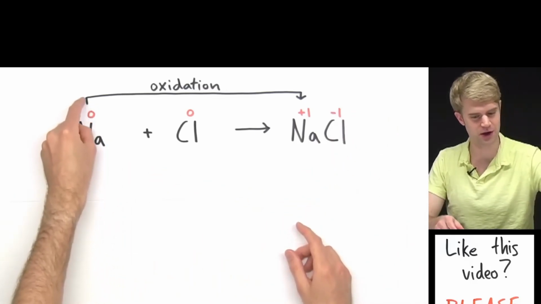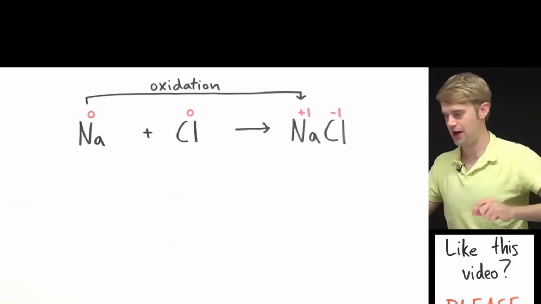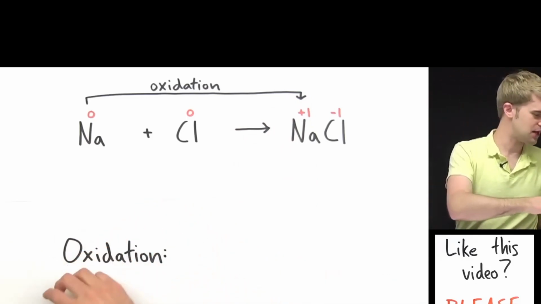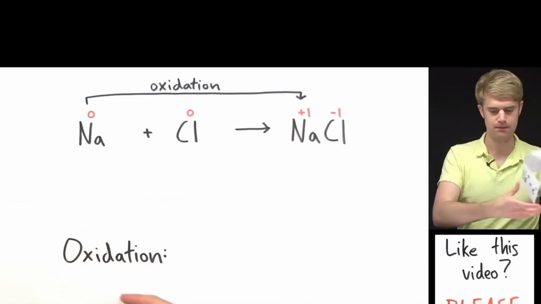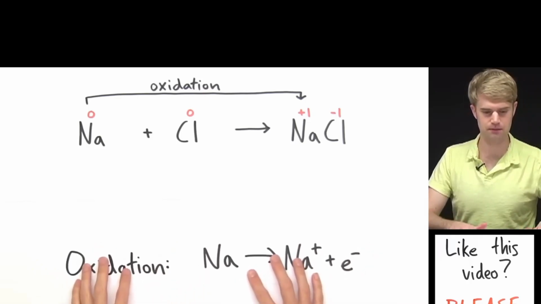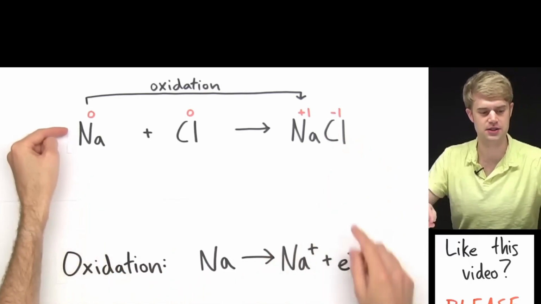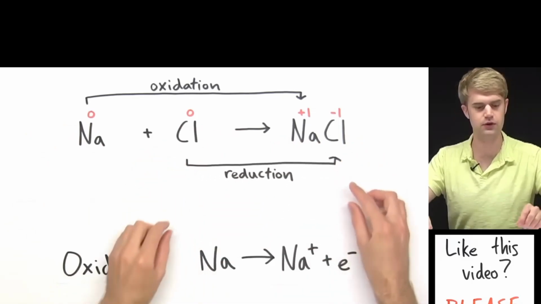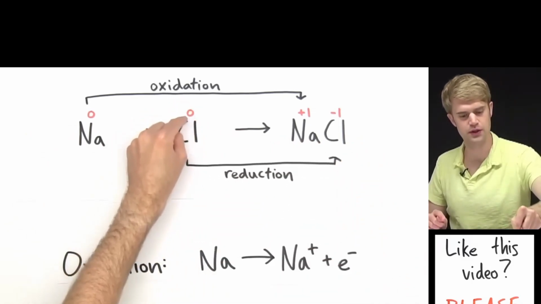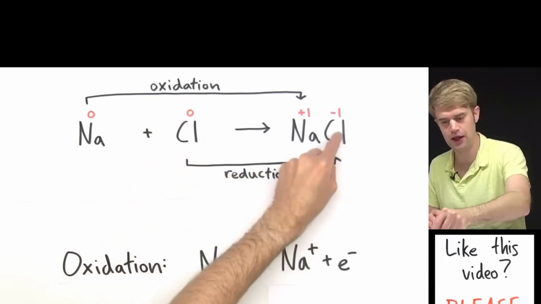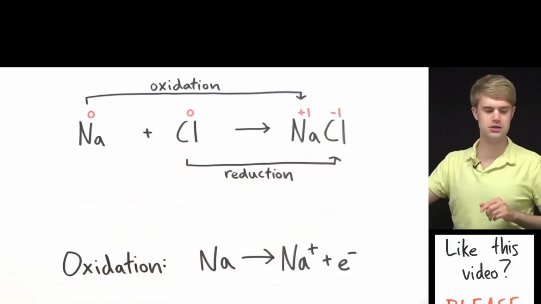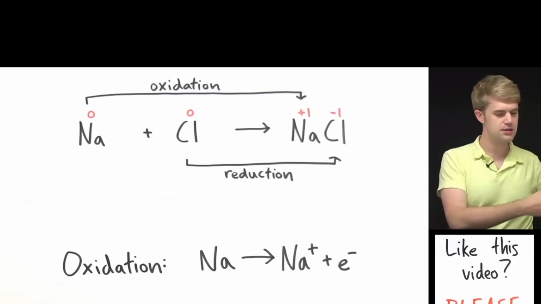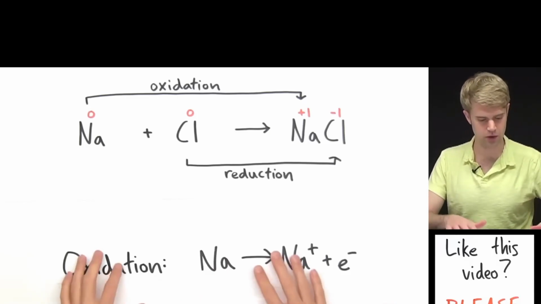It starts out at 0, loses an electron, and becomes sodium 1 plus. And here is the equation for just the oxidation. The other process that's going on in this reaction here is the reduction of chlorine. Chlorine starts neutral at 0, it gains an electron, and it ends up as Cl 1 minus. And here is the equation for the reduction of chlorine.